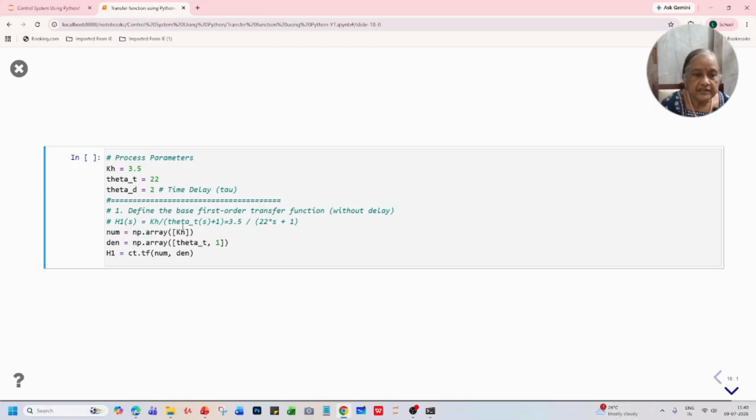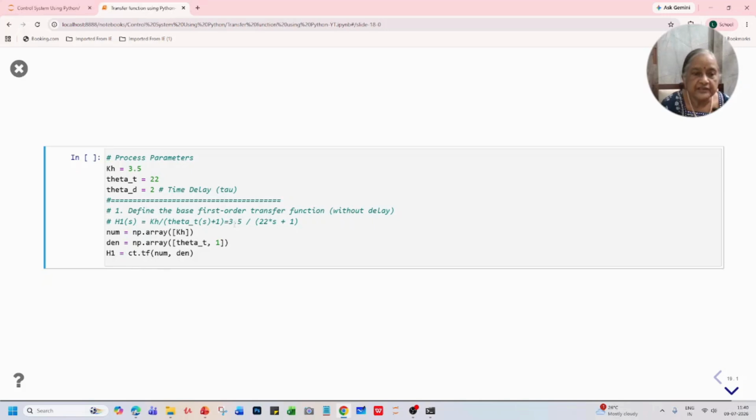For a general transfer function, the numerator is kh that is passed here, and the denominator is theta_t and 1, that is theta_t s plus 1. Passing that to ct.tf, we construct h1.